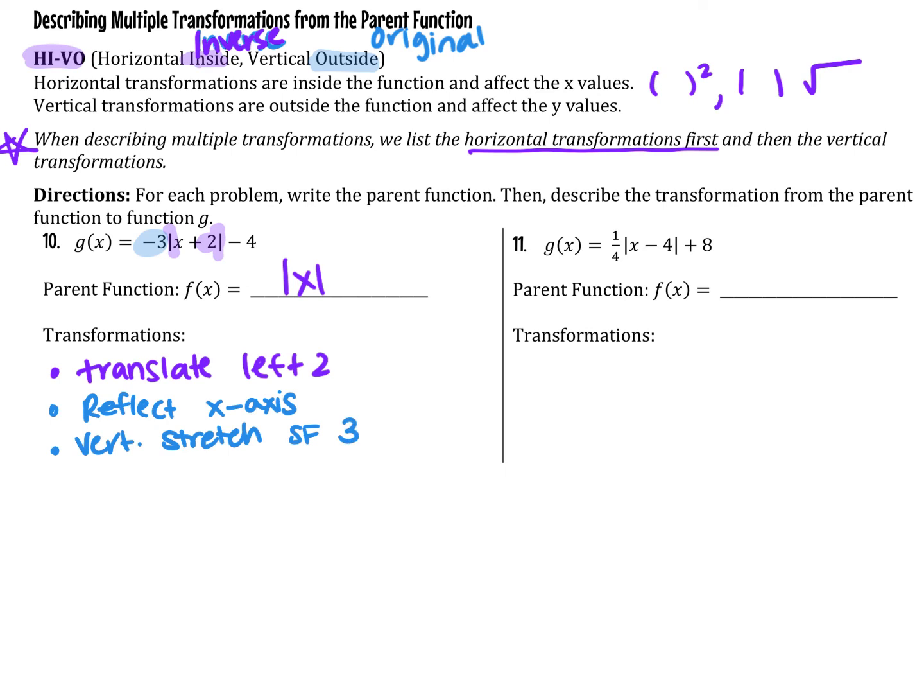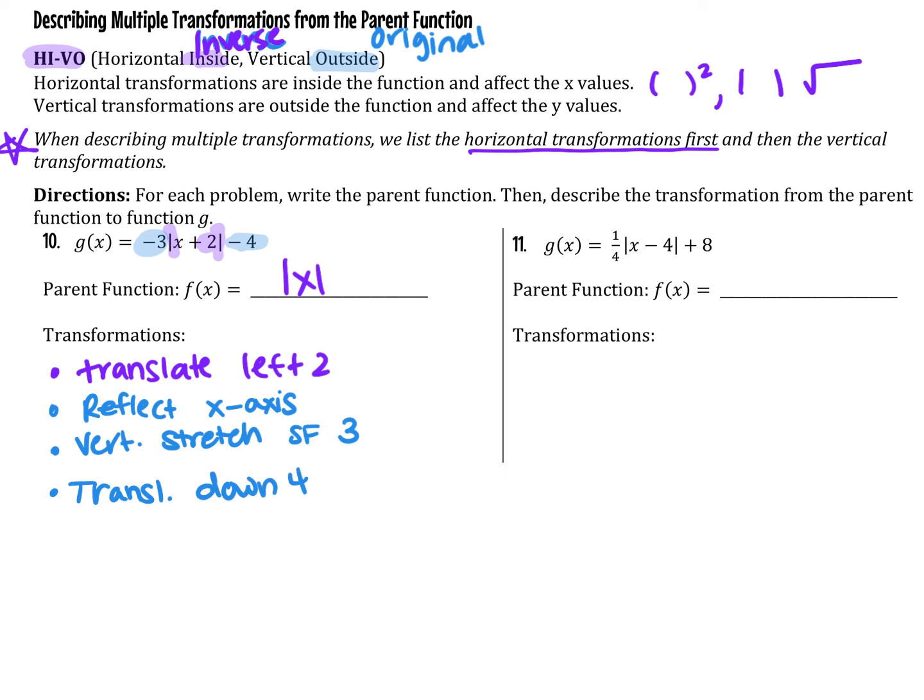The last vertical thing that's happening, the very last thing we would do if we plugged a number in for x, is this -4. Vertical is outside and it is what you think it should be, so that is a translation down 4.